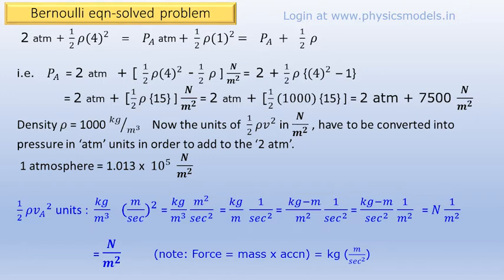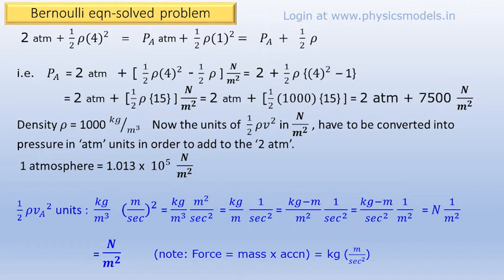That's 16 minus 1, that's 15. Rho is 1000 kg per meter cubed. So half into 1000 into 15 is 7500. The only important thing is you cannot add 2 plus 7500. It's 2 atmospheres and the other term is 7500 Newton per meter squared.